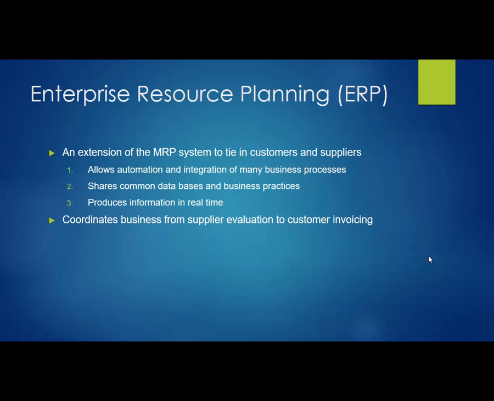Enterprise resource planning is business process management software that allows an organization to use a system of integrated applications to manage the business and automate many back office functions related to technology, services, and human resources.